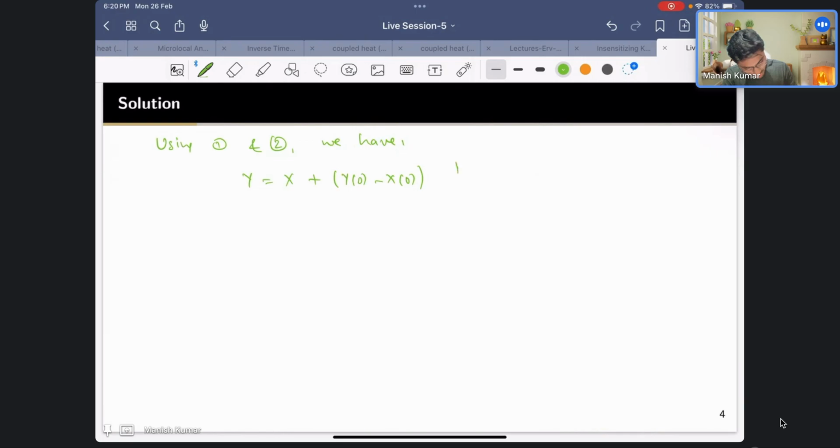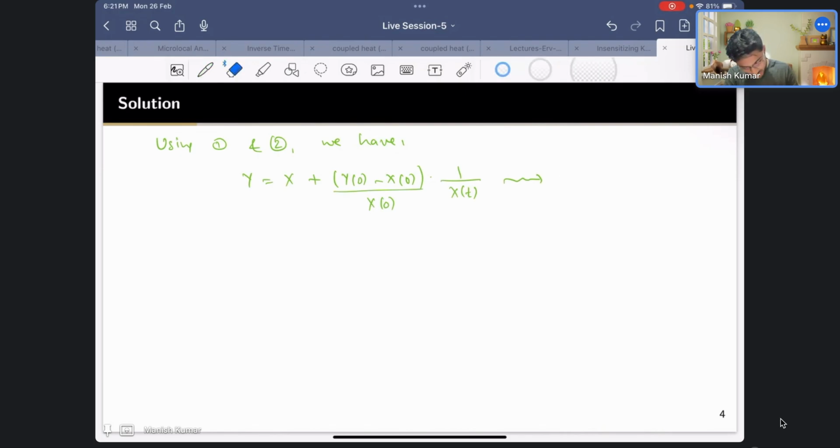So here you can write 1 by x0 into x(t). These are basically constants, so these are nothing but some constant. So this can be rewritten as y as a function of x.